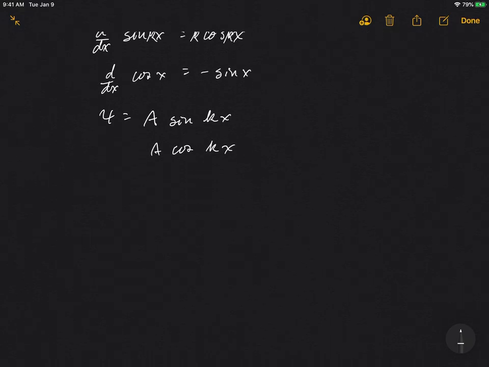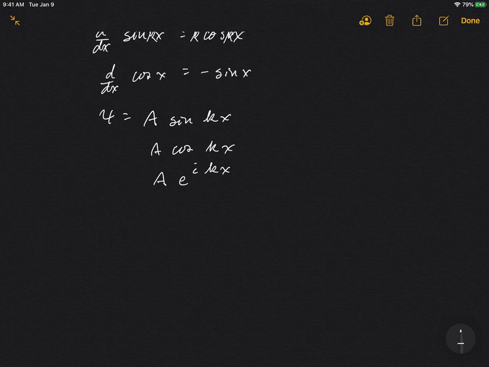There are also some other possibilities now. E to the kx won't work because it doesn't give you the minus sign, but if you have a complex exponential, say e to the i kx, that will work.